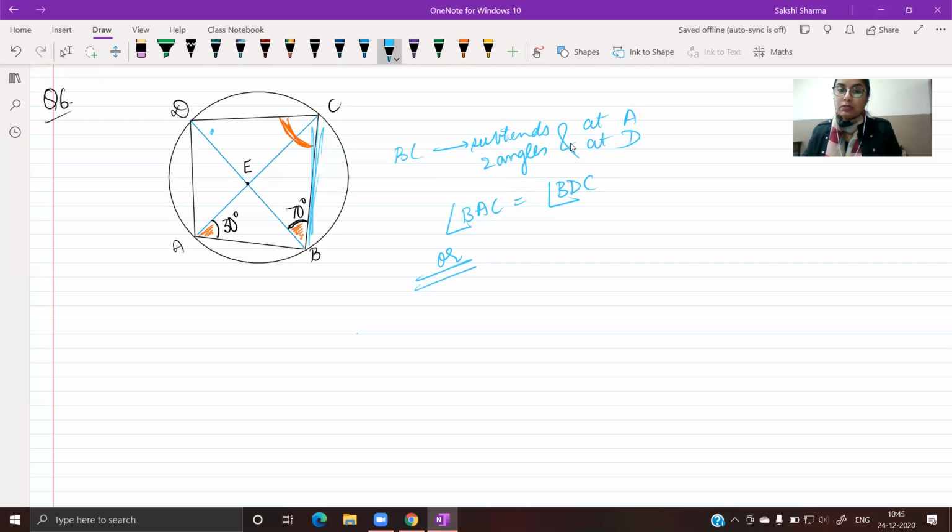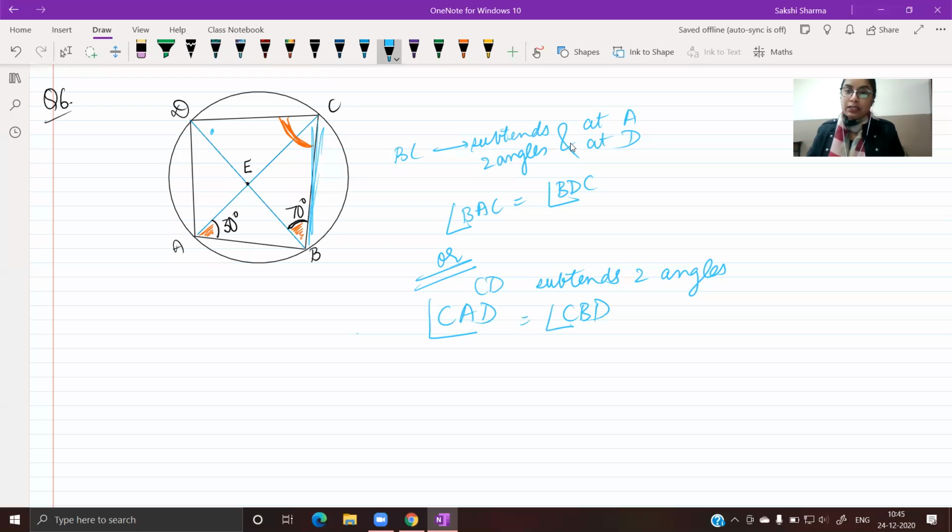Or you can focus on chord CD actually. Chord CD is subtending two angles at the circumference. Angle DAC equal to angle DBC. That's correct. Points C and D are also joined to 2 points on the circumference. That's the easiest way you can identify. At A, the angle will be CAD, and at B, CBD.